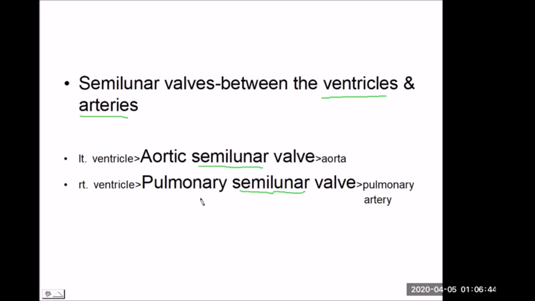And in fact, with the newer editions of textbooks, it's not necessary to use the word semilunar. So just simply from the left ventricle, the aortic valve leads to the aorta. From the right ventricle, the pulmonary valve leads into that pulmonary trunk.